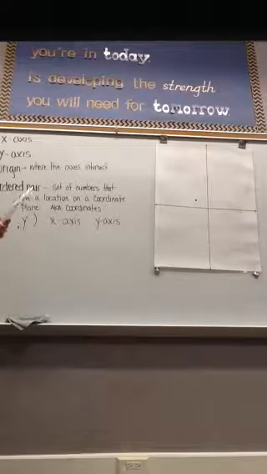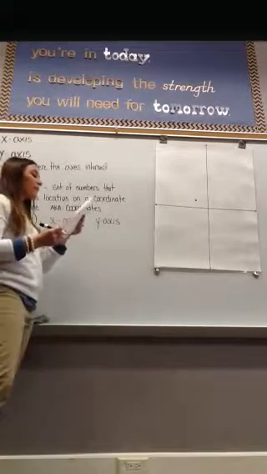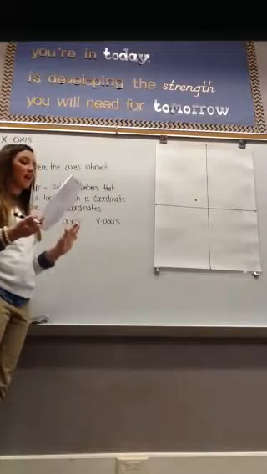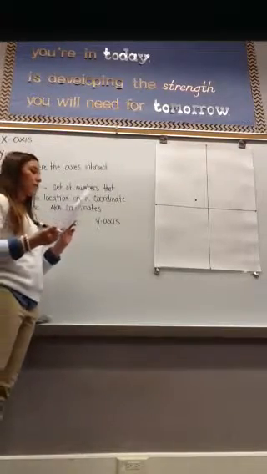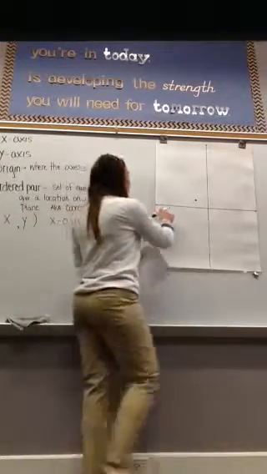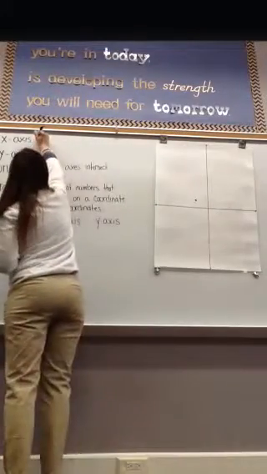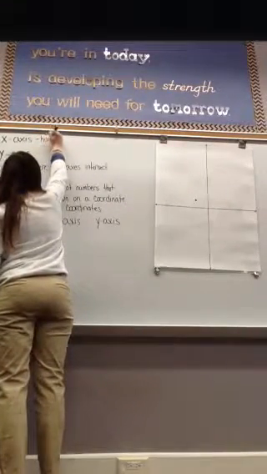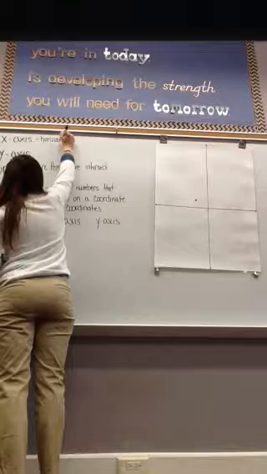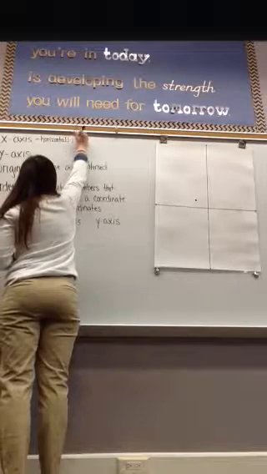Using the coordinate plane below, answer parts A through C. So 1A says, graph at least 5 points on the x-axis and label their coordinates. So here is our x-axis. It is a horizontal number line.